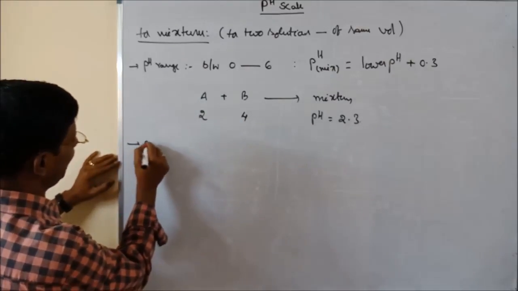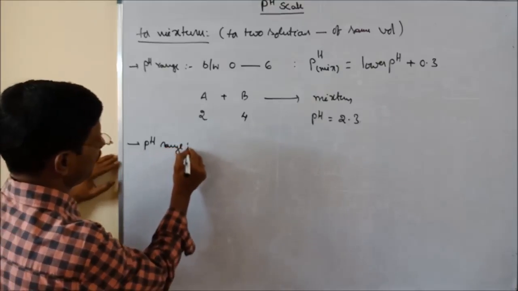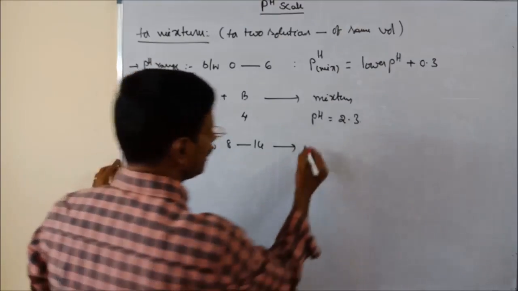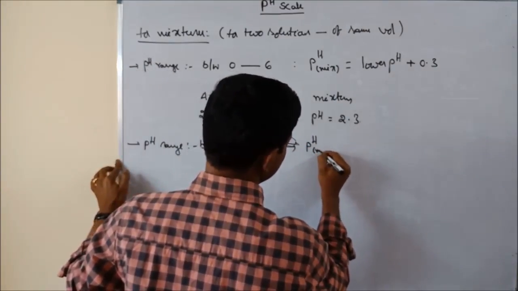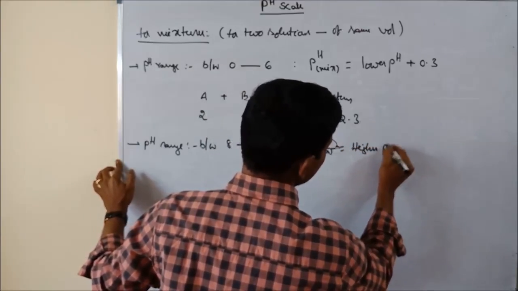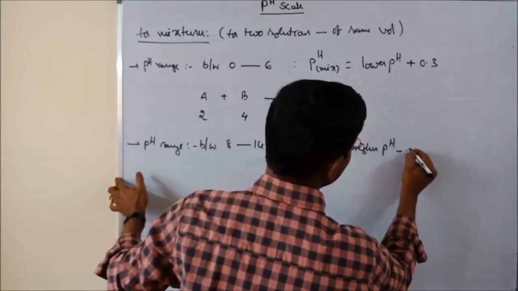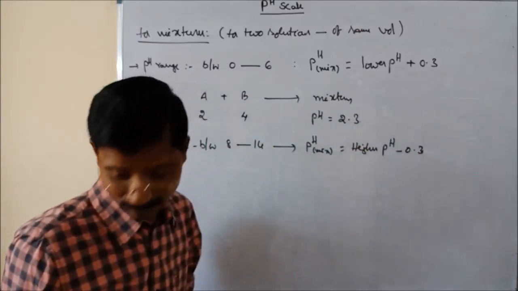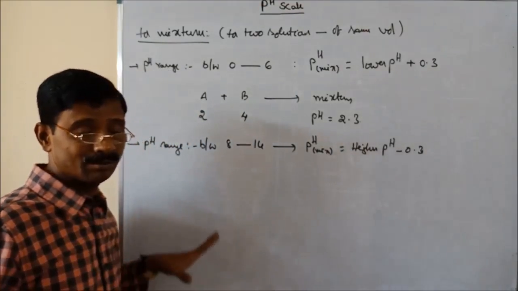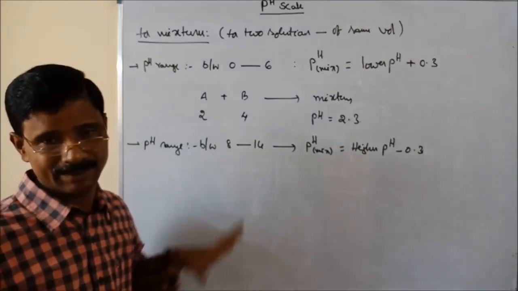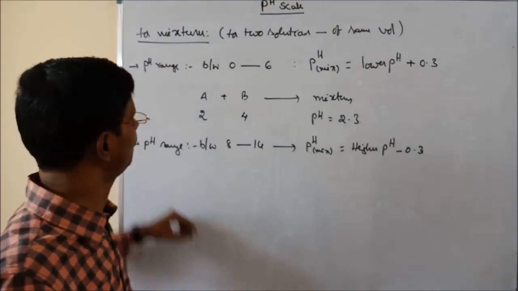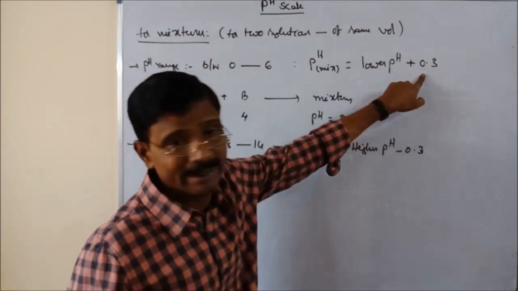Suppose the pH range is between 8 and 14, then the pH of the mixture will be equal to the higher pH in that mixture minus 0.3. So higher pH minus 0.3. Like that you can get the pH of the mixture instantly.